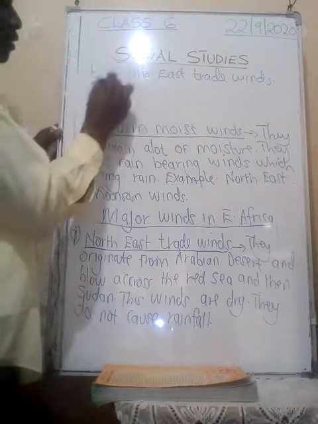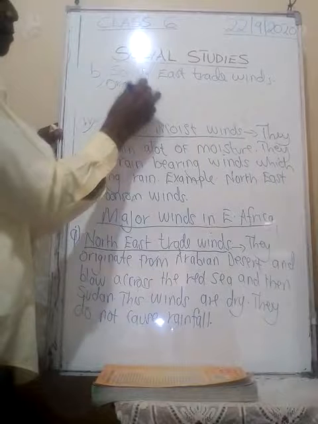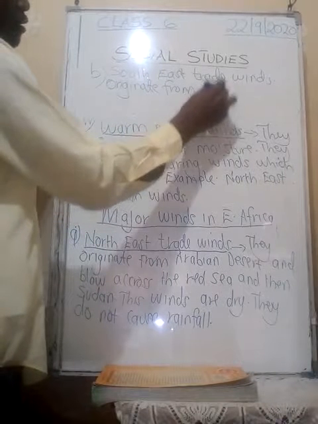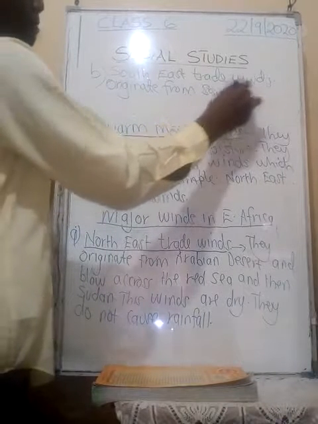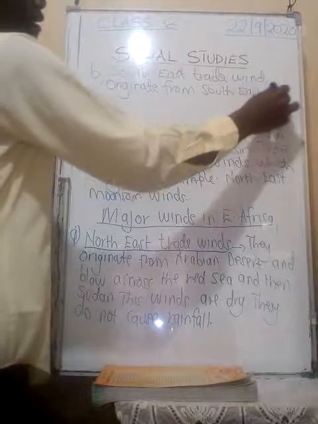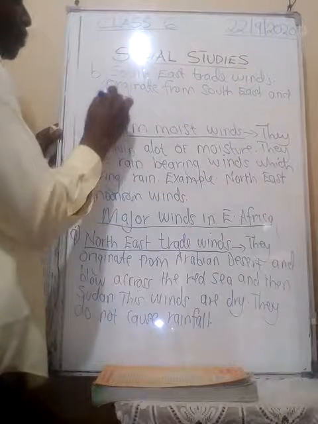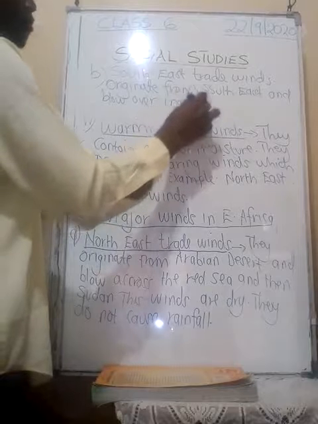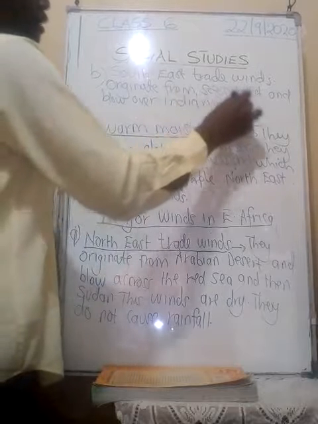They originate from the southeast and blow over the Indian Ocean. When they blow across the Indian Ocean, they are warm and moist.